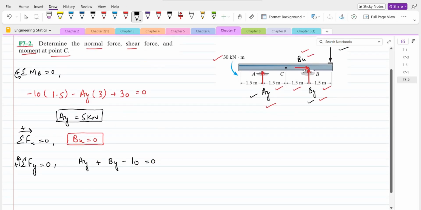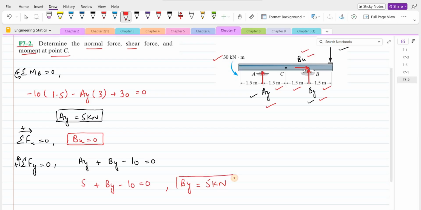Since we know the value of Ay, Ay is 5, so 5 plus By minus 10 equals to 0. So By comes out to be 5 kilonewtons. So these are our support reactions.